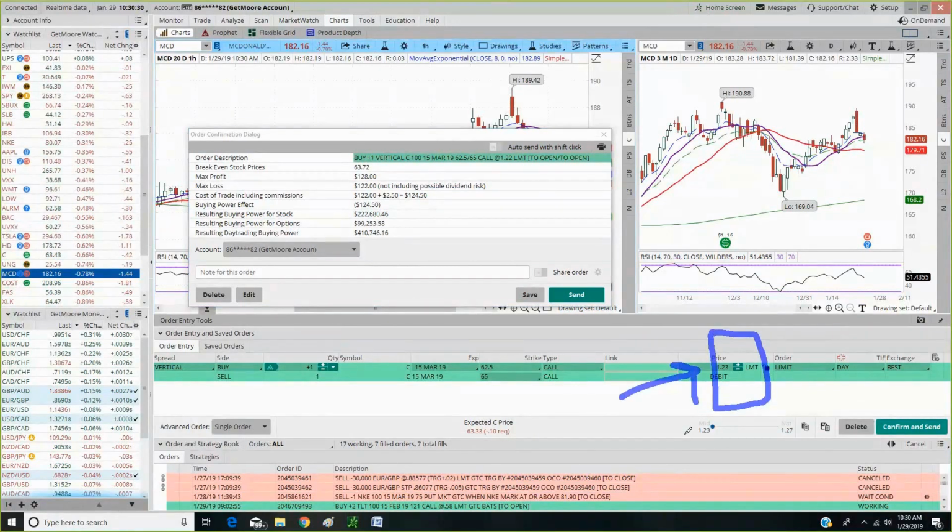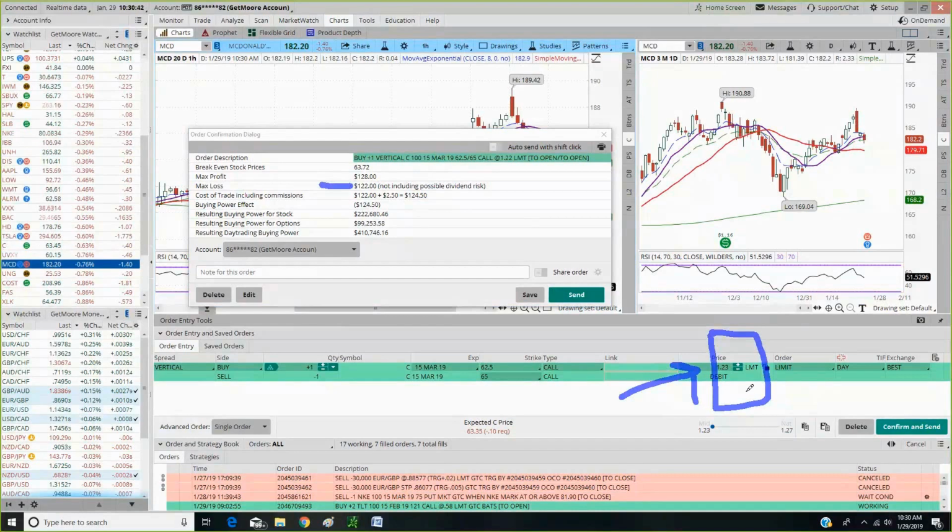Okay, your maximum loss is what you pay for the option. So if I'm paying $123, my max loss, well, in this case, is $122. Okay, so that's what you pay. Look at my max profit, $128. So my maximum loss is $122, and my maximum profit is $128.